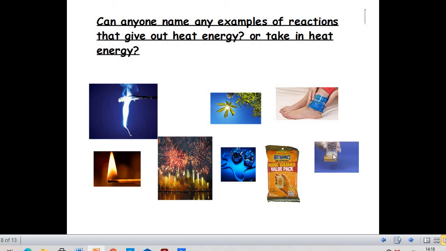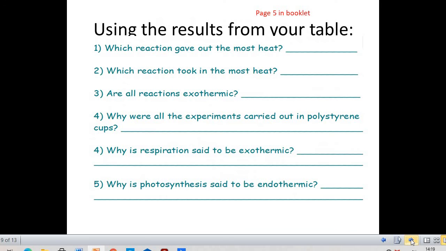On this one, you've got two chemicals that have gone so cold that the water attached to this wood is frozen and so it's stuck the beaker to it. If you've gone skiing, you might have put hand warmer packs in your gloves. And the last one, we've got ice melting. So some will take in heat energy to occur, some will release heat energy as it occurs.